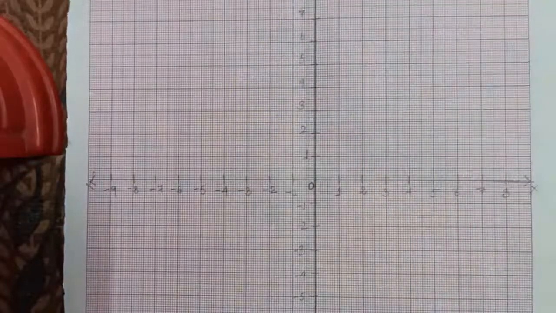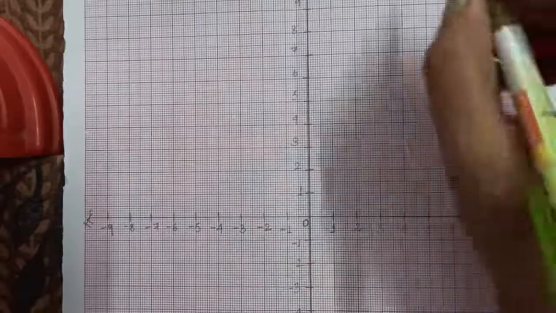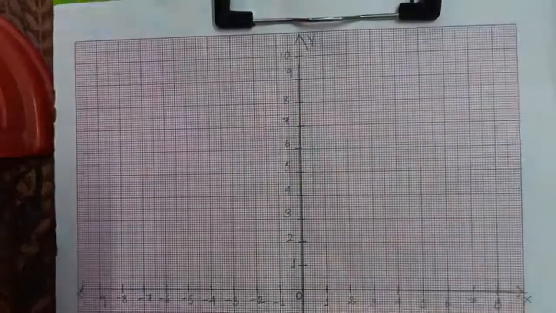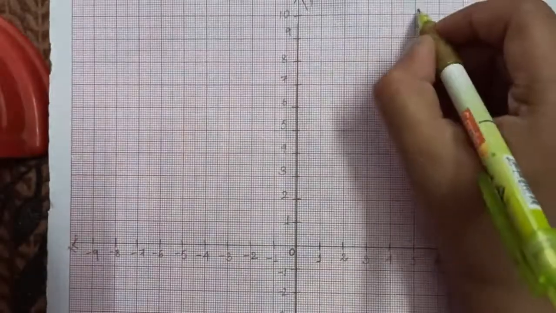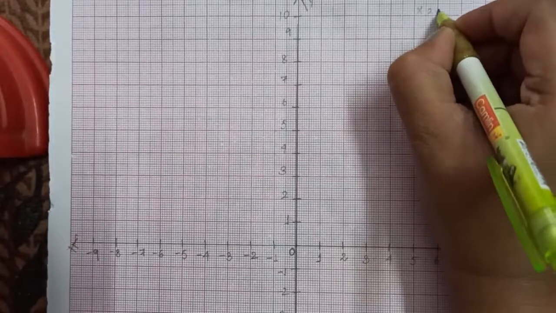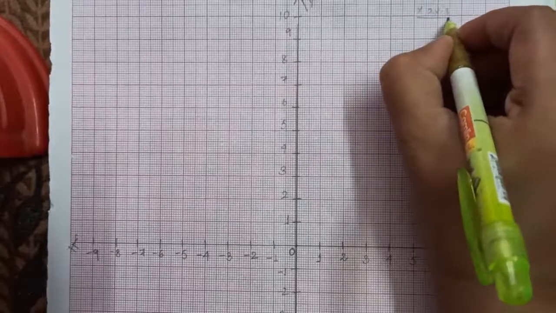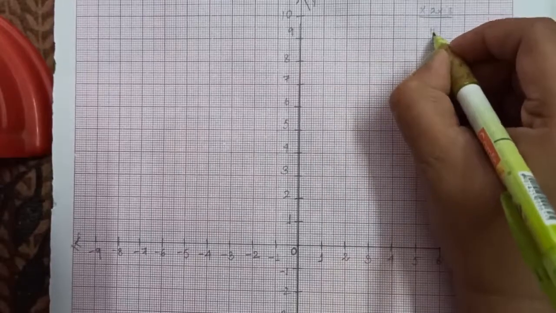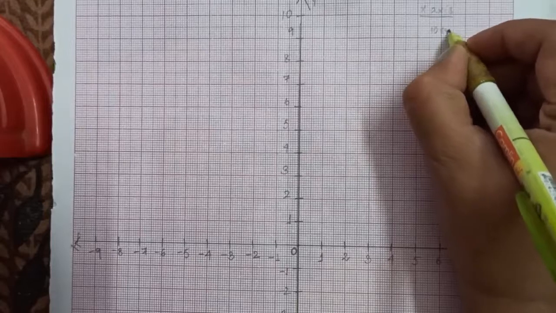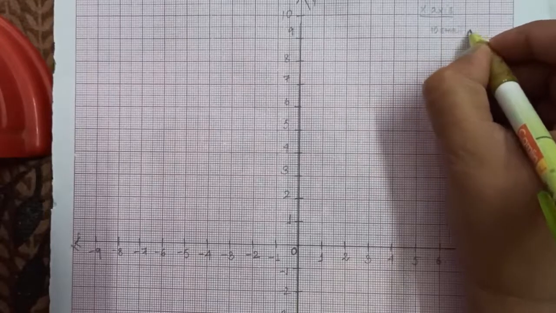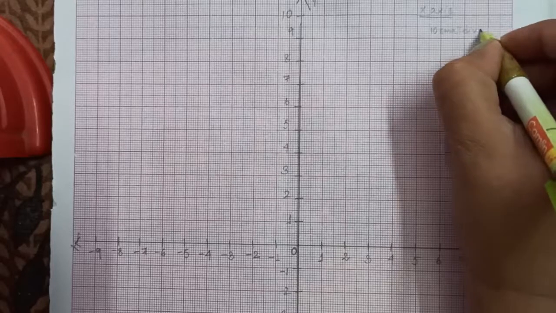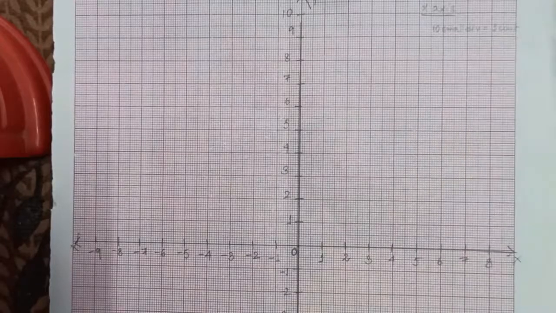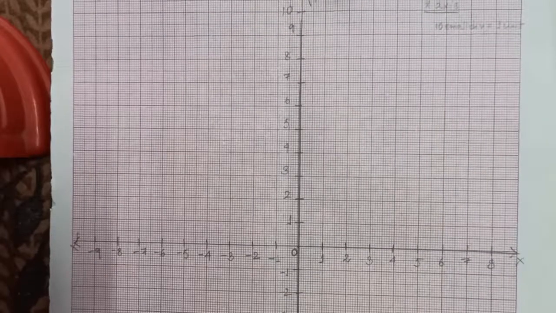Now, after you have completed this, it is your duty to write about this graph, like how many divisions you are taking. You will write x-axis, and then you will write 10 small divisions is equal to 1 unit.